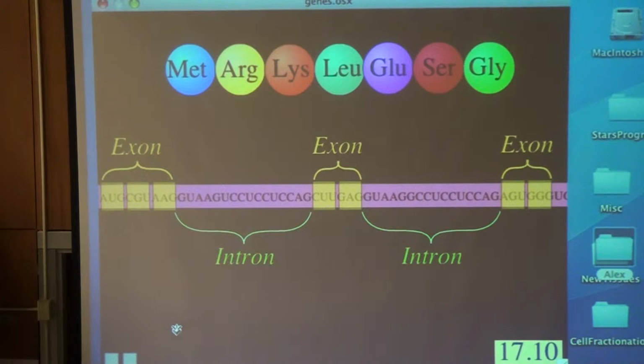And just to underscore that fact, I printed out a little pretend pre-mRNA here. It's all just G's and A's and U's and C's, so there's nothing in and of itself that makes the introns different from the exons.